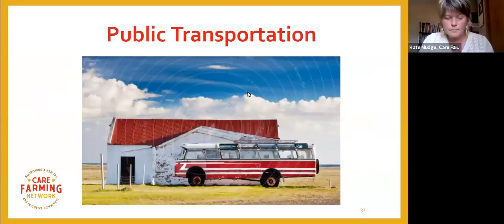And similarly, public transportation. Is your farm accessible for those who do not drive or who use public transportation? And if public transportation isn't available, what other options are? We've heard about care farms offering shuttle services, for example.